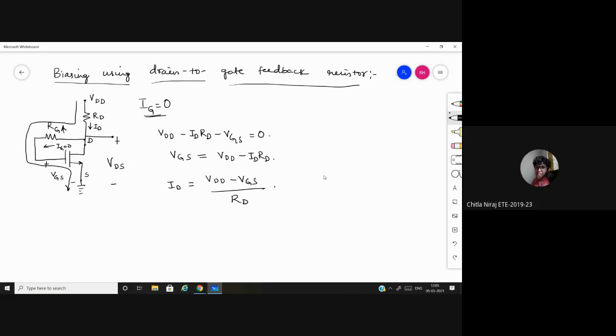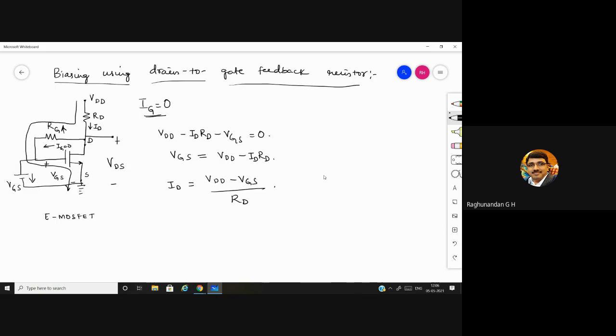So if I connect a source here, what do you call this source? VGS, right? If VGS is decreasing, what will happen? Okay, let us assume that it is an E MOSFET.